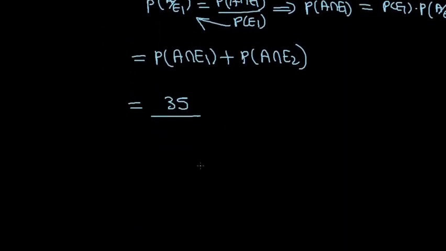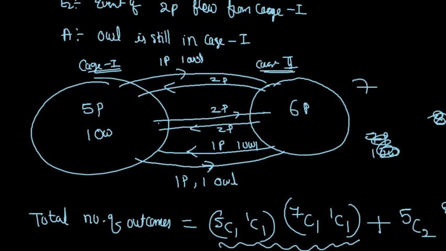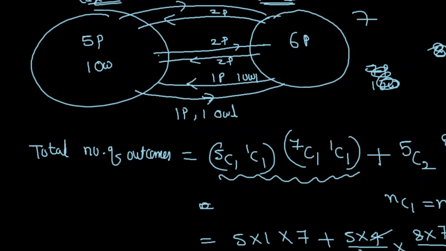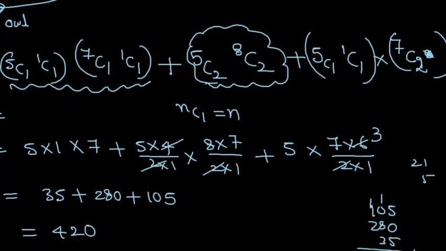Plus, here A is the event of the owl staying in cage 1. E2 is the event of two parrots flew from cage 1. Two parrots flew and came back. The favorable case of the second event is this one, and this result is 280.